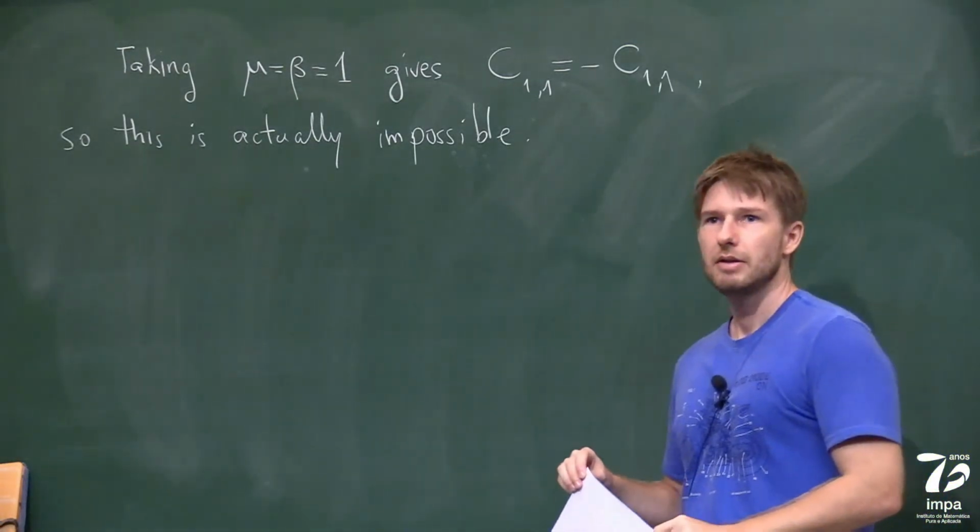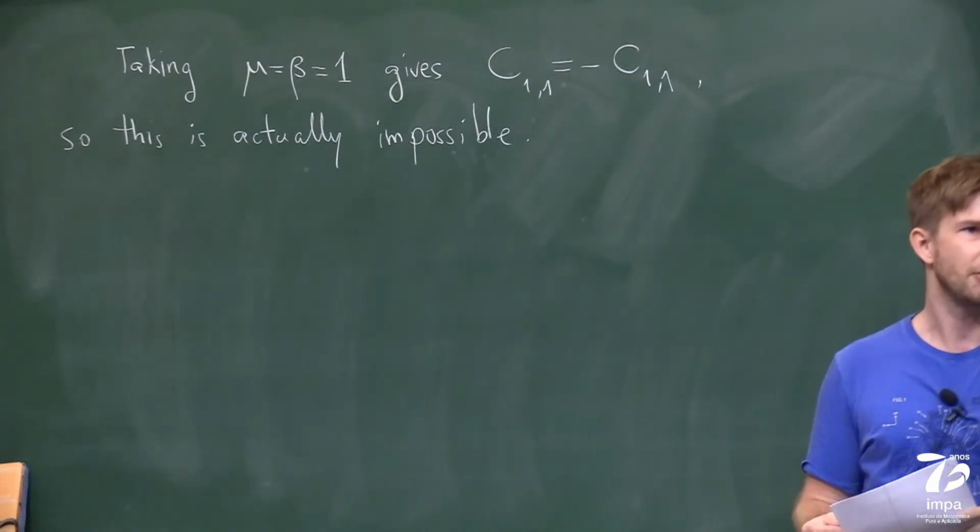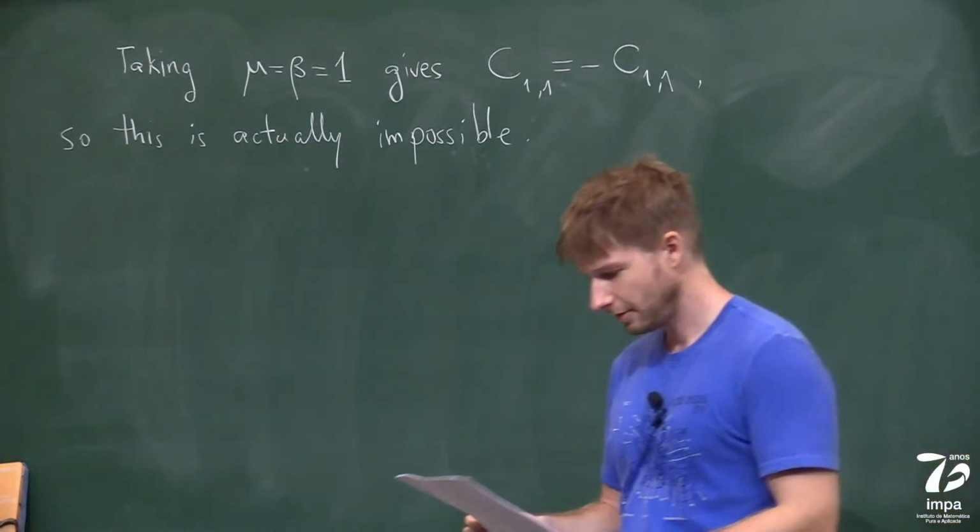So actually the conclusion is that there is no vertex algebra structure on V. So, end of story.